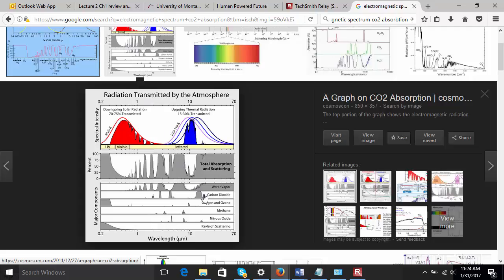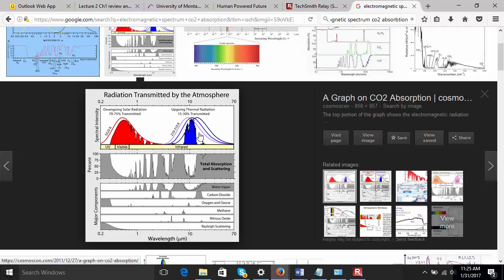So here's CO2, right there. This CO2 is right at the middle, if you will, of the radiation band that's naturally coming off the Earth. So the CO2 is absorbing that radiation rather than transmitting or reflecting it. That's the whole point.